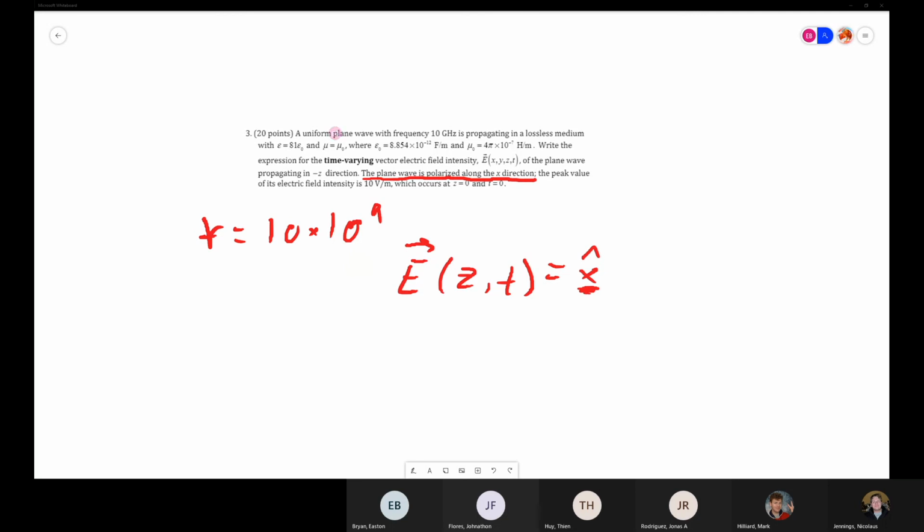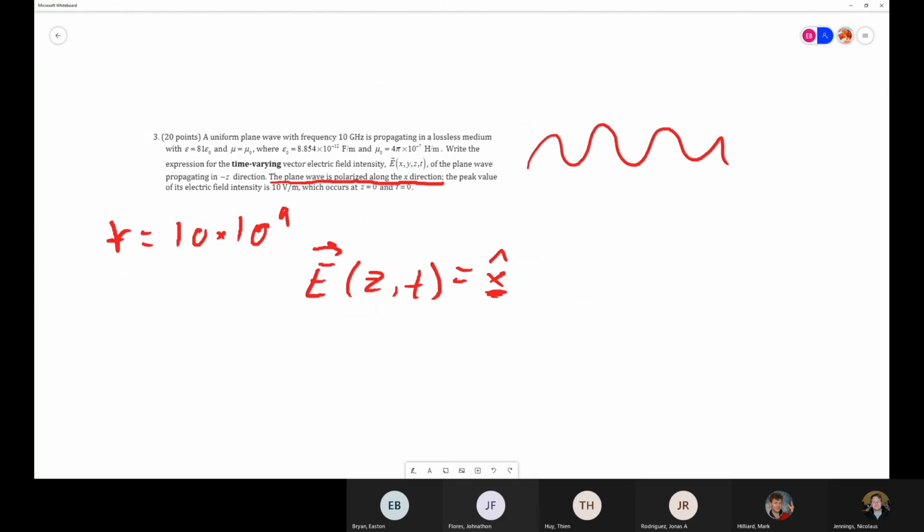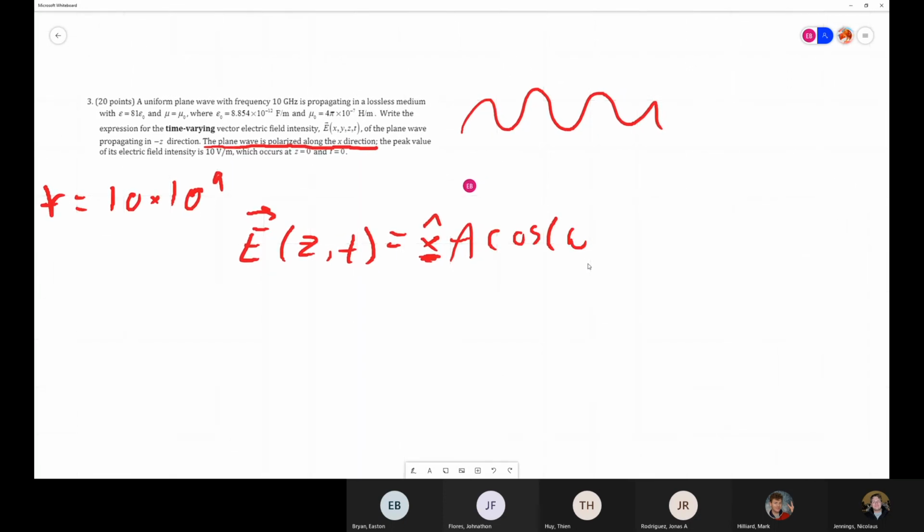So the way the cosine is oscillating is only in the x direction. That's why it's attached in front of the cosine. But I'm still just writing out the general equation. So that's the general form for a wave propagating in the positive z direction and polarized in the x direction.